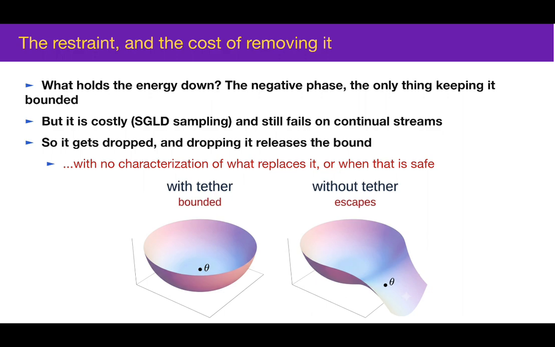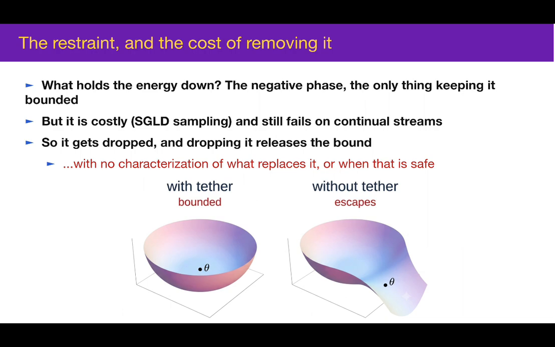But there are two main problems with this method. First, it is expensive. It is a slow sampling process called SGLD, or stochastic gradient Langevin dynamics. And second, on continual streams, meaning when corruptions keep coming one after another, it can still fail. So people started dropping it, but here is the thing in this red line.